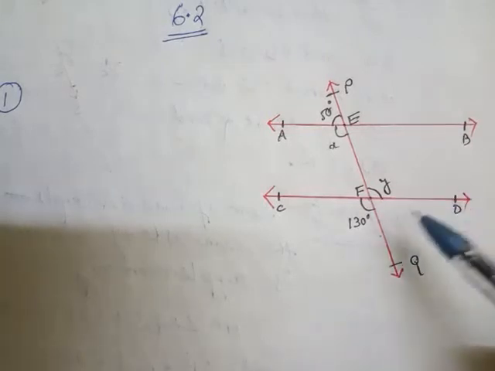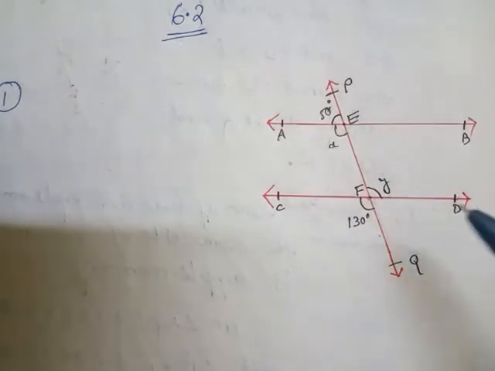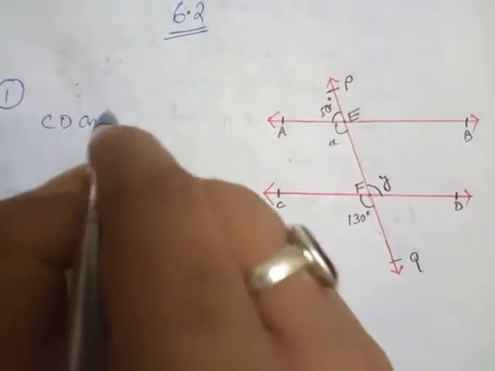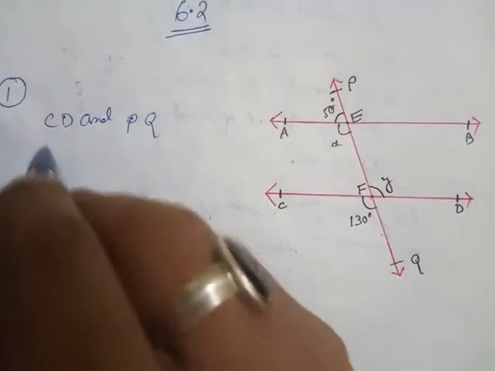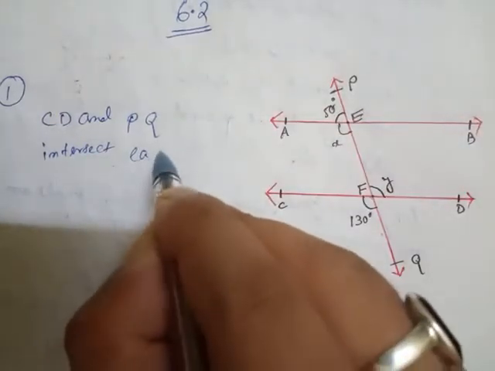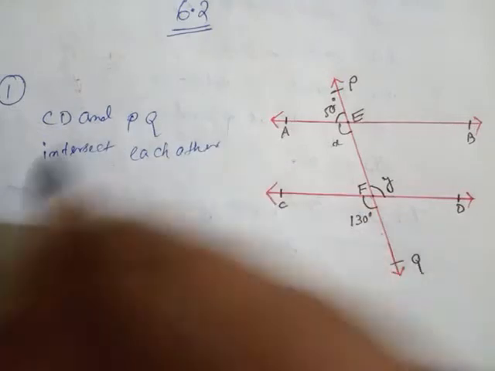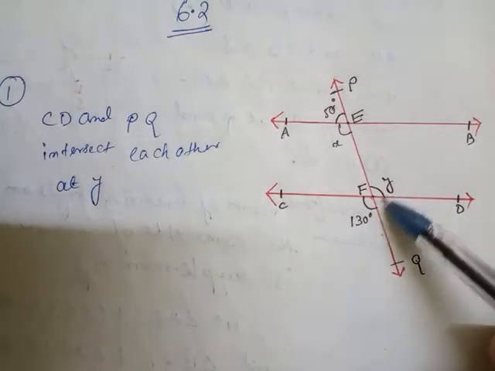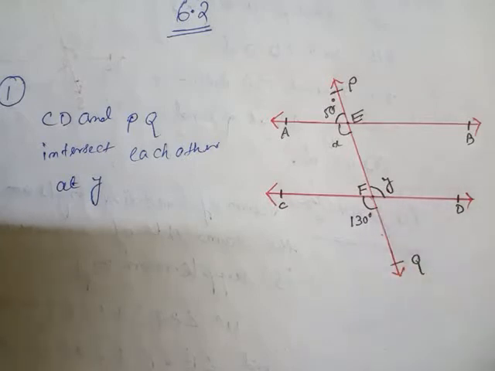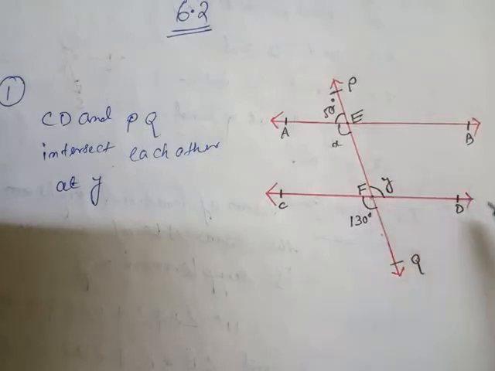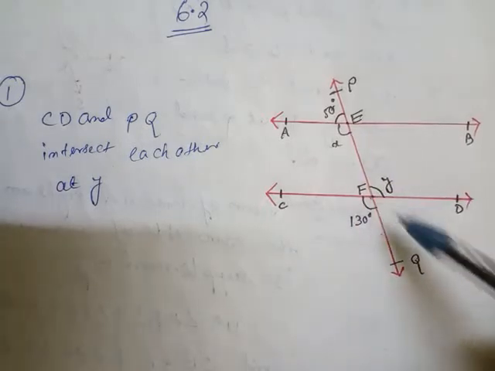Look now student, CD and PQ intersect each other at the point F. So we'll write here: CD and PQ intersect each other at F. Now look student in the diagram, we can say that this is a vertically opposite angle. Angle EFD is equal to angle CFQ.